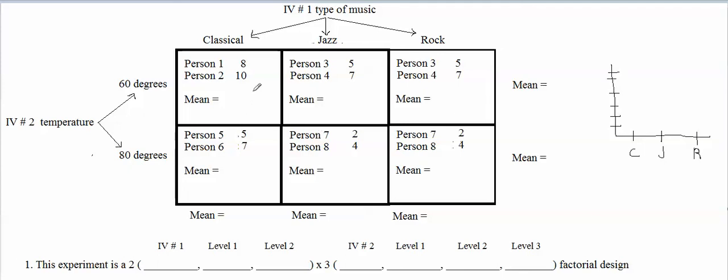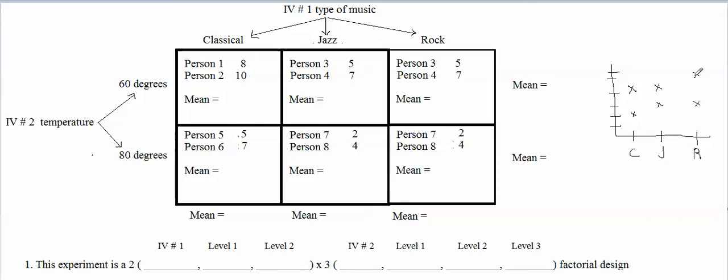These two cell means right here and here in the classical column would be plotted above C. The two cell means for jazz would be plotted above here, and the two cell means for rock would be plotted up here.